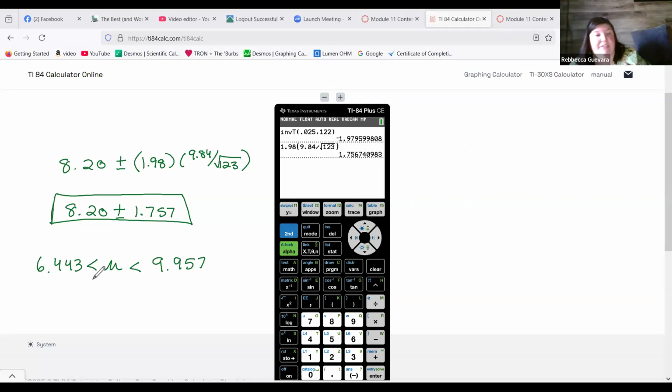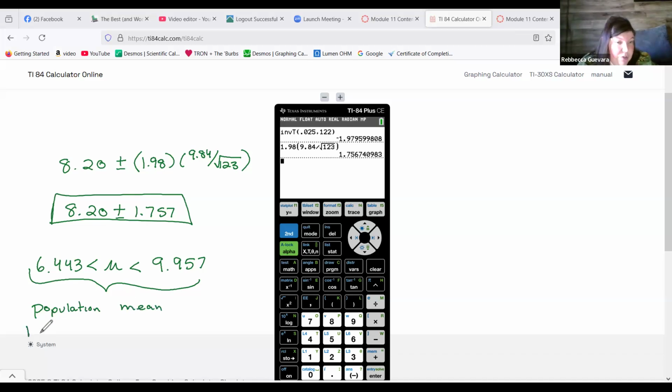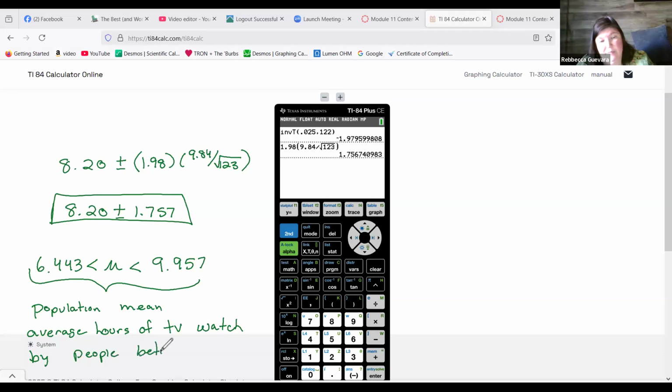So we think that somewhere in here is going to be the population mean, which is going to be the average hours spent on the internet by people between, I think it was 18 to 22.